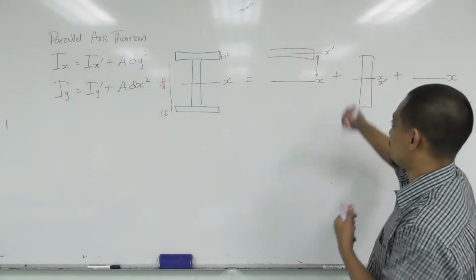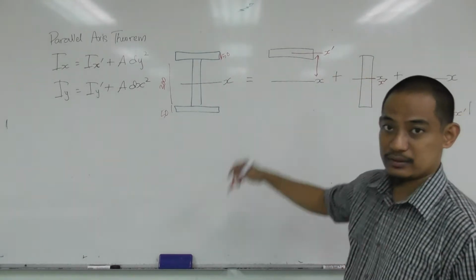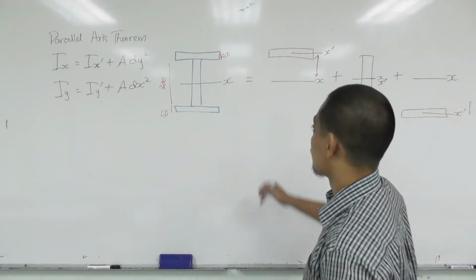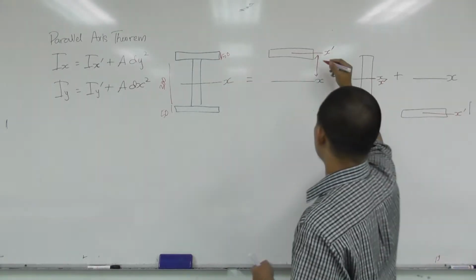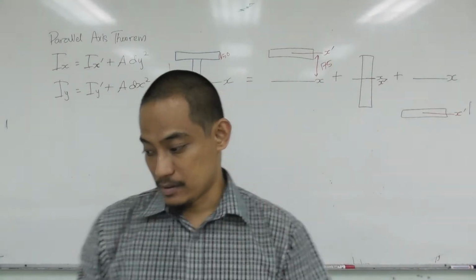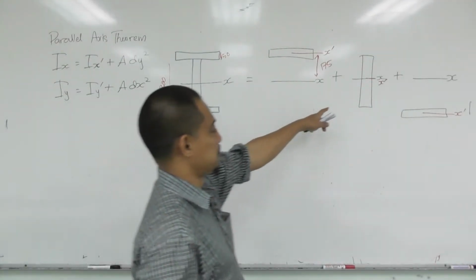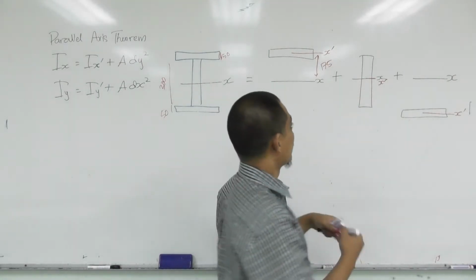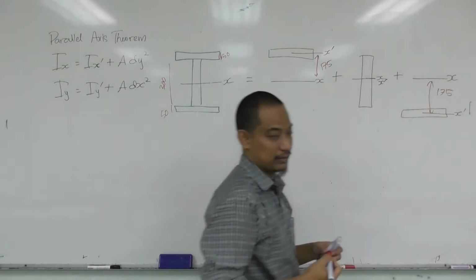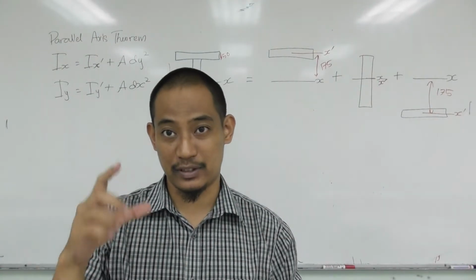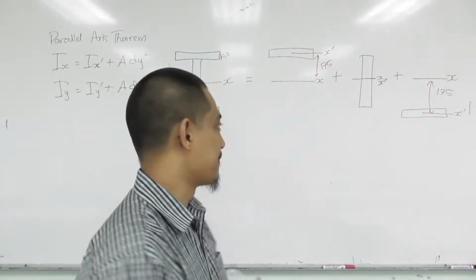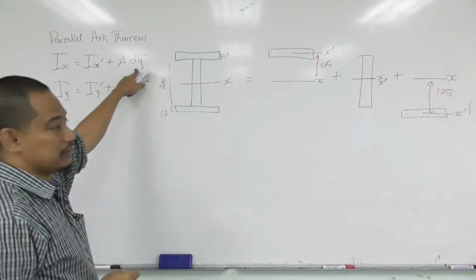So given that, this one will be 150 plus 25, right? 150 plus 25 becomes 175, right? And this one is exactly the same position. This one is still 175, right? 150, which is half of the 300, plus 25, which is half of the 50, right? That's number one, what you need, which is dy.